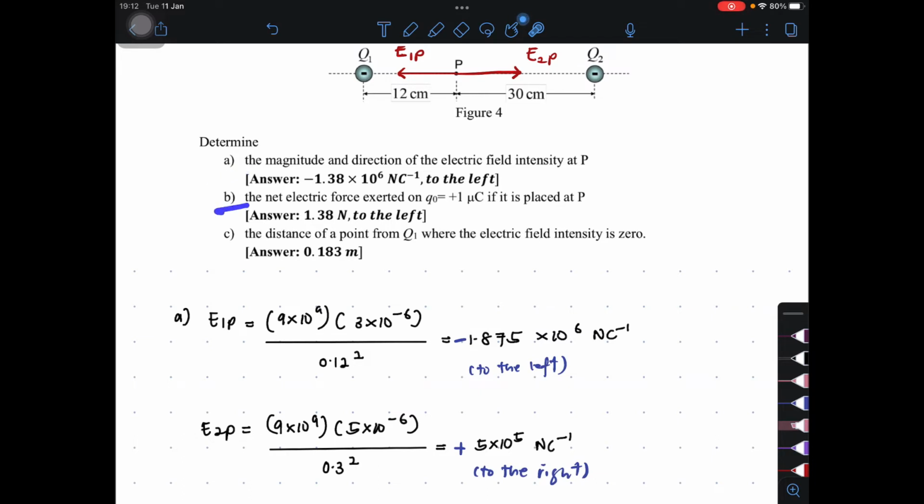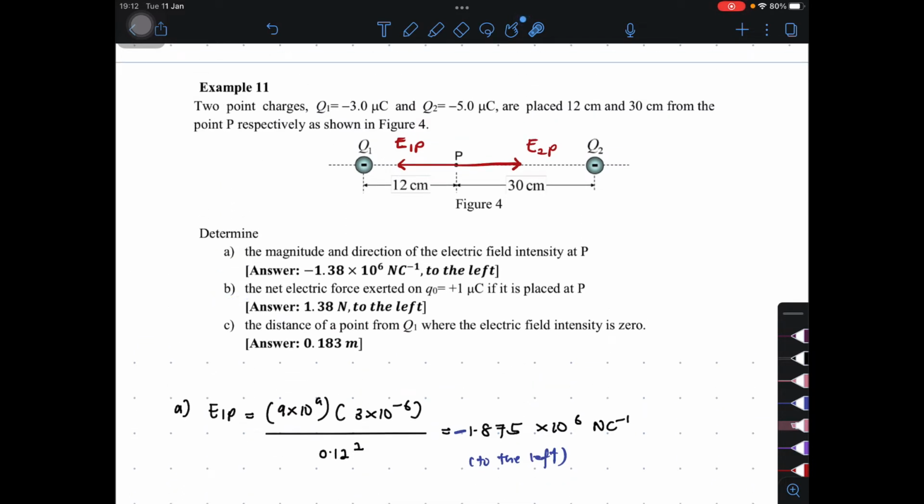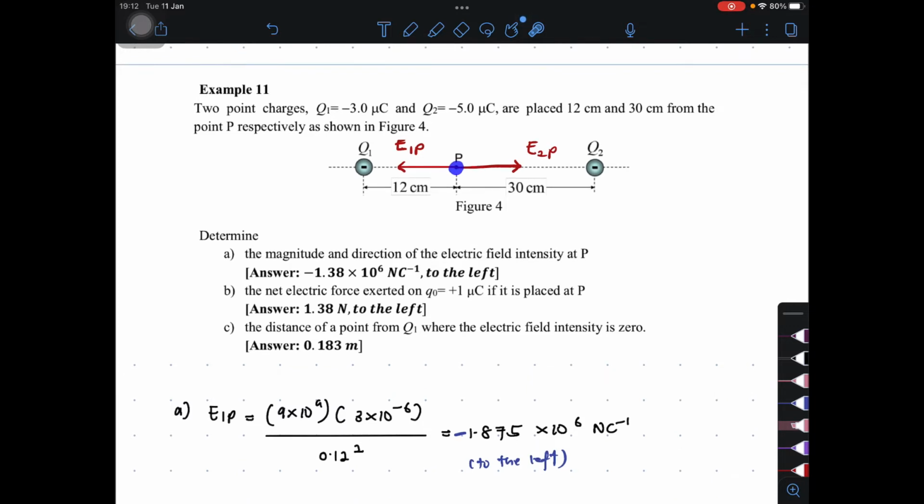Now question B. Determine the net electric force exerted on Q0 that is equal to 1 microcoulomb if it is placed at P. So now we imagine we place a positive charge here, which is equal to 1 microcoulomb.